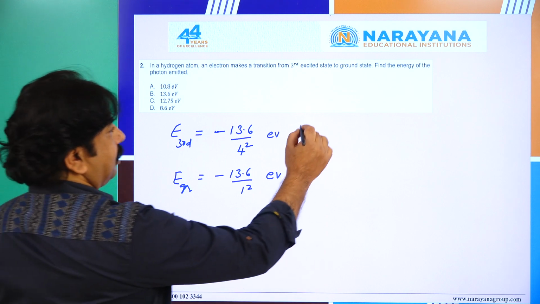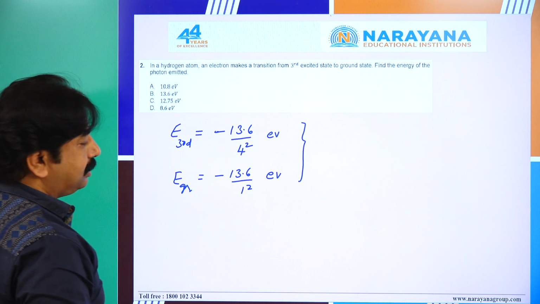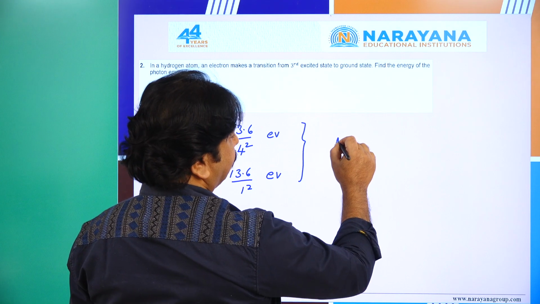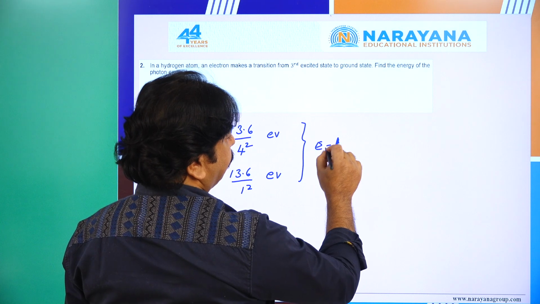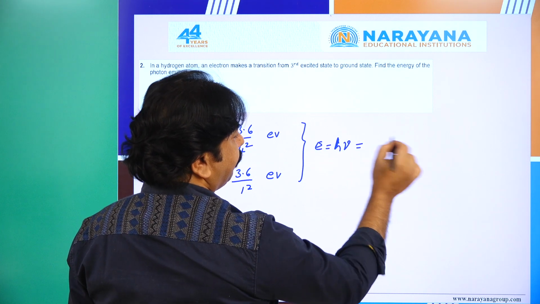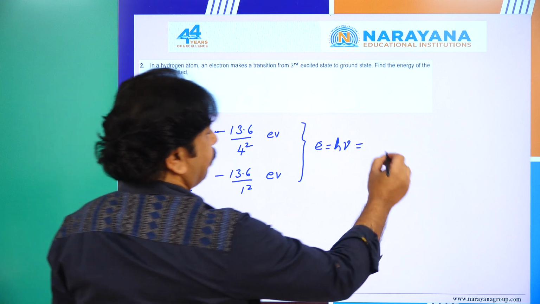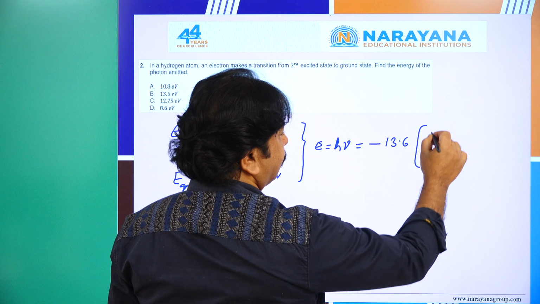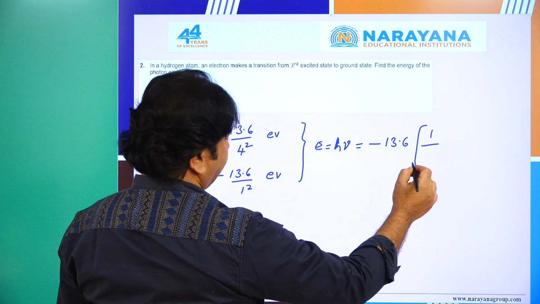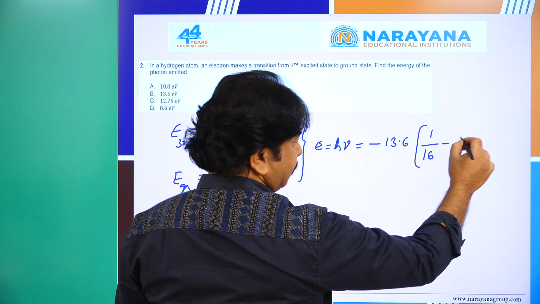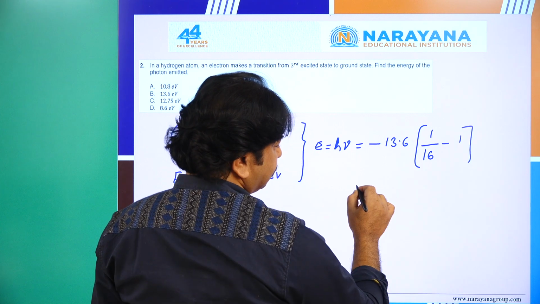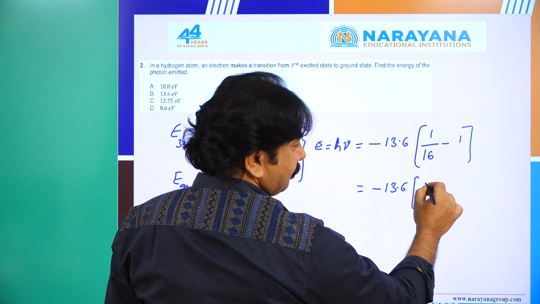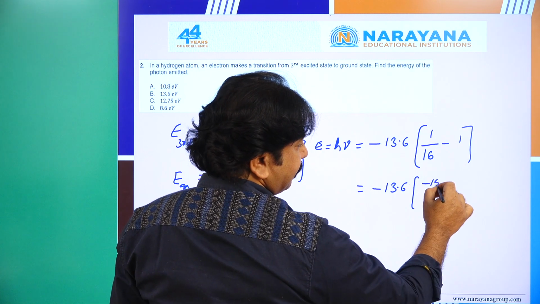Now, as it jumps from the third excited state to the ground state, the energy released is E equal to h nu, that should be equal to minus 13.6 into 1 by 16 minus 1. This is equal to minus 13.6 into minus 15 by 16.